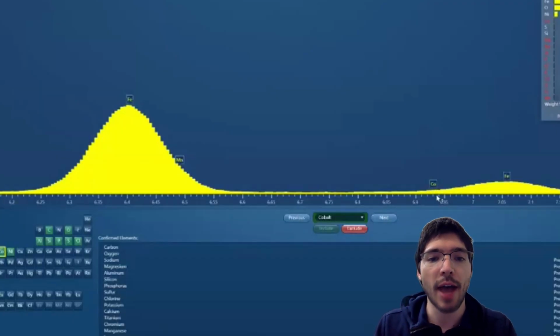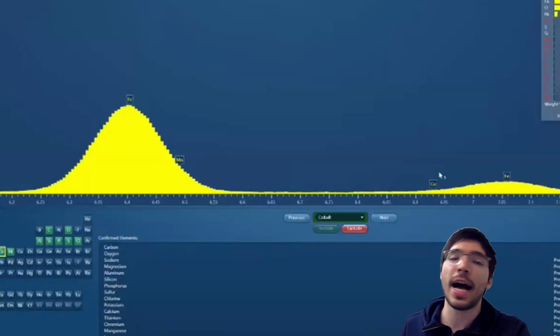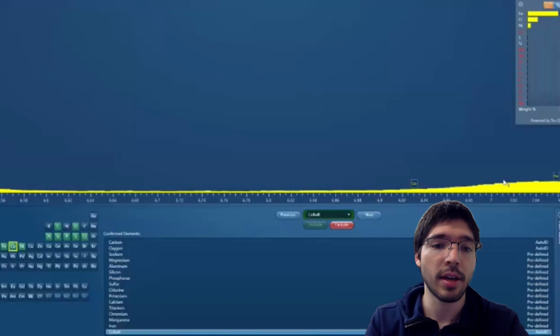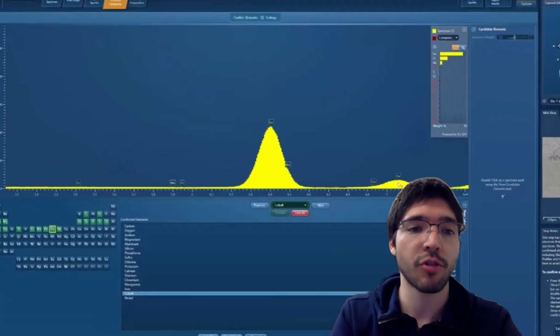That's a technique where you have to use the electron microprobe. So if you're looking at something like an iron meteorite and you're trying to look at how much nickel or how much cobalt is in it, we can't do that using EDS, unfortunately. You have to use an electron microprobe.